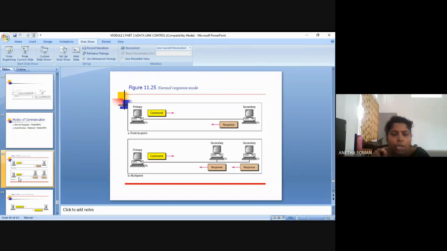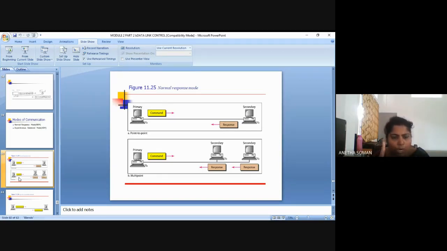Okay, so these are the station types and configurations you have already studied. That type of communication is called the normal response mode. In normal response mode, the station configuration is unbalanced. That is the first thing.